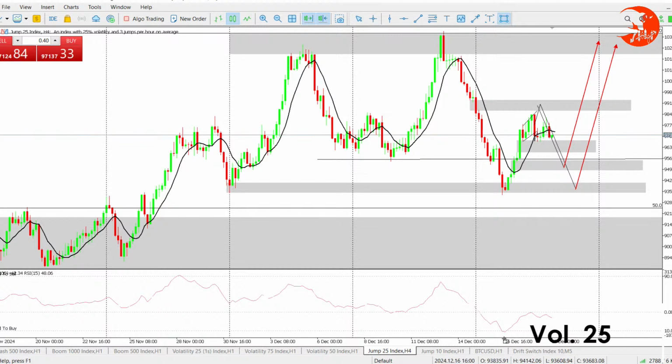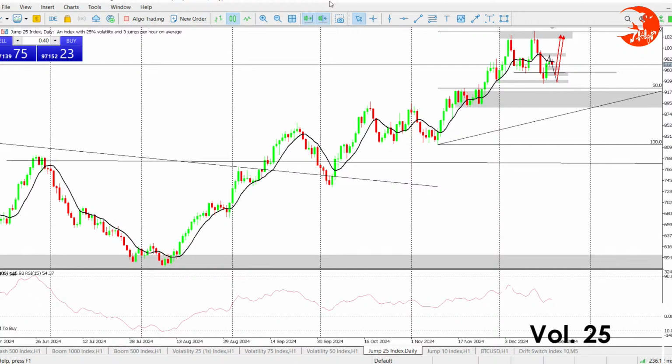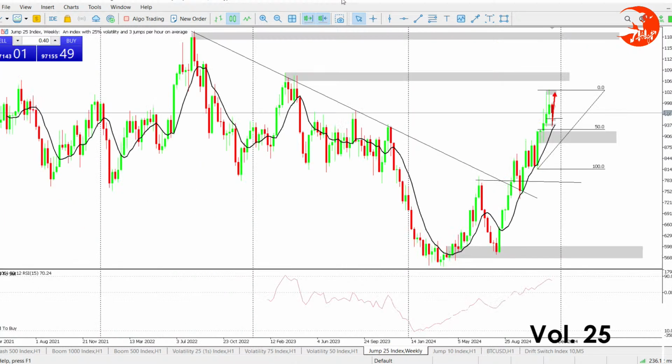Remember, we are oversold according to CCI right there. So it means anytime we will finish the retracement and head over for the buy that we all were waiting for. According to daily, according to weekly, we still have the buying momentum to fill up this gap right there.